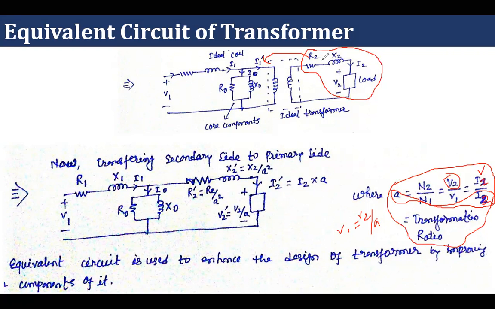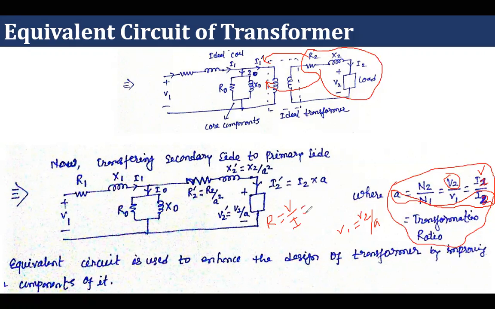Suppose I have to transfer resistance from secondary side to primary side. To do this, we know that resistance is voltage upon current.